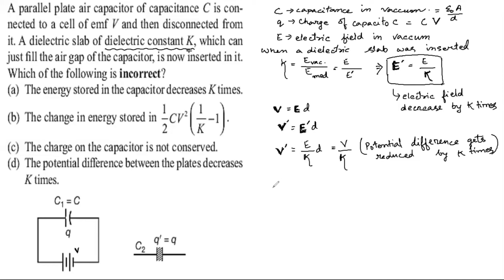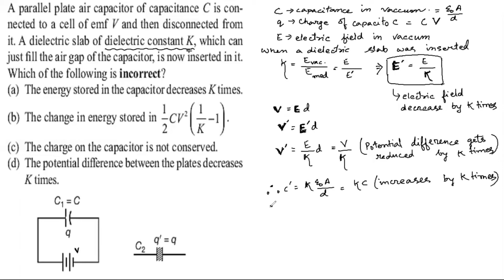Now when a dielectric slab is inserted, the capacitance becomes K multiplied by epsilon naught A by d, which is KC. So it increases by K times. Remember, we are doing this for the case when the capacitor was disconnected from the battery.